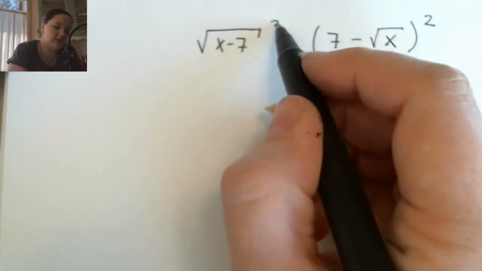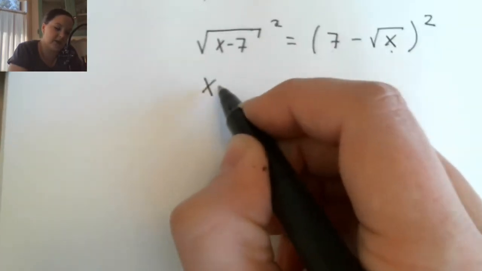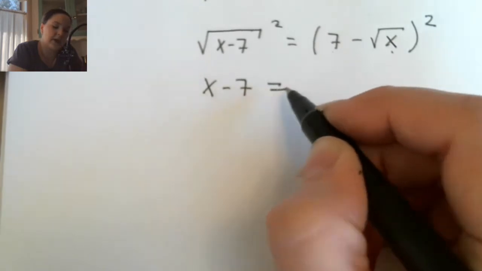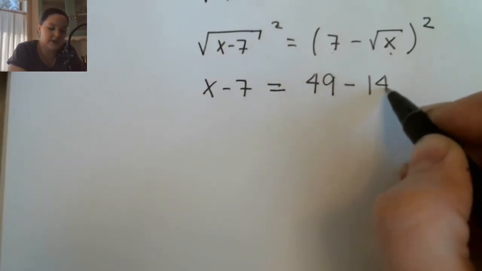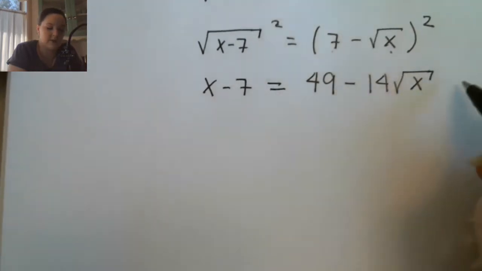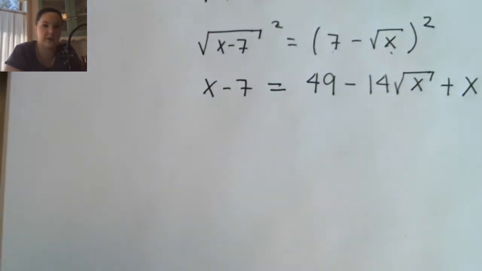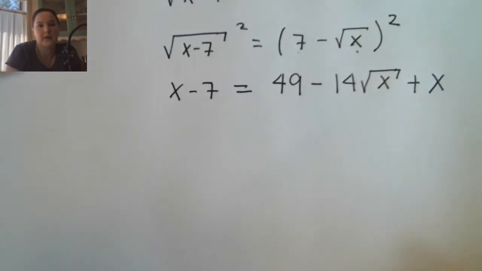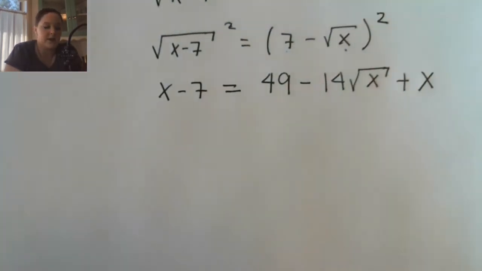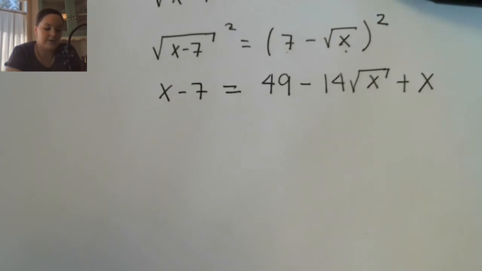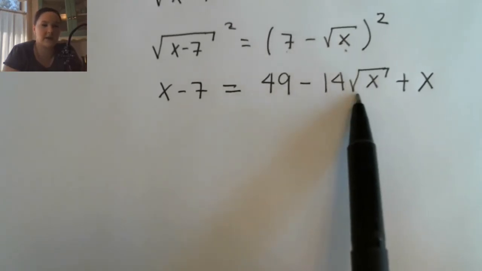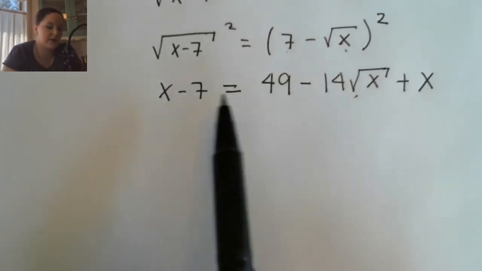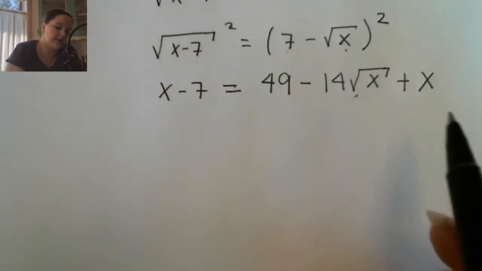Over here, square root and square are going to cancel. We'll get x minus 7. And over here, we would get 49 minus 14 root x plus x. So this is step 1. Here's step 2. Now you can see that we do still have square root of x. So I'm going to try to isolate this root x here. I'm going to subtract x from both sides.